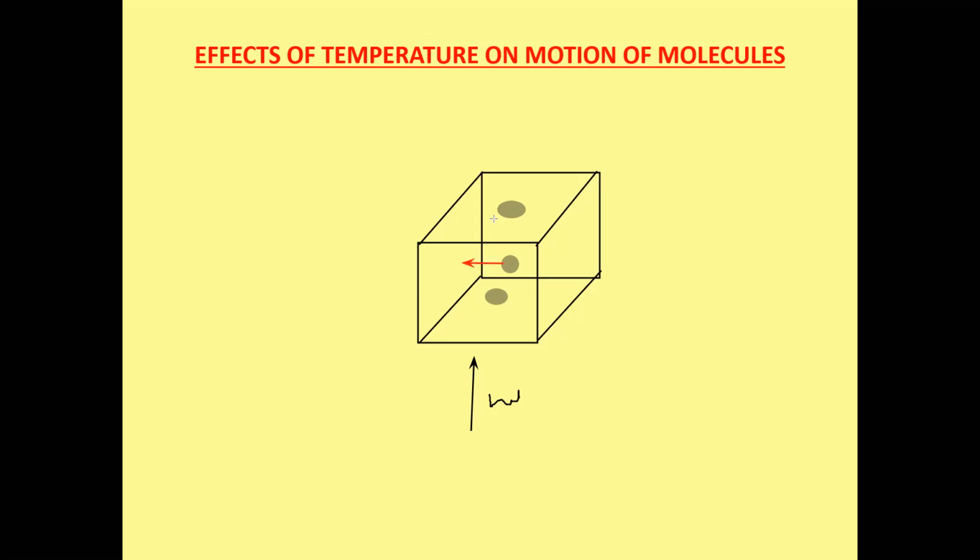But as you increase the temperature, molecules will move faster and a greater number of molecules will hit the wall. As a greater number of molecules hit the wall, there will be greater force on a unit area, meaning they will apply higher pressure.